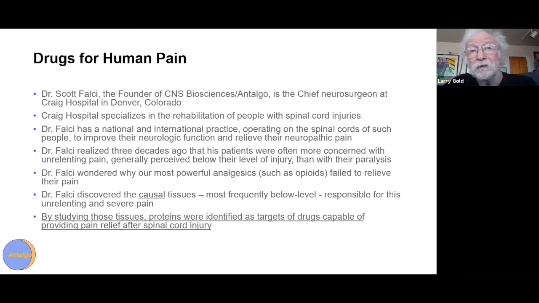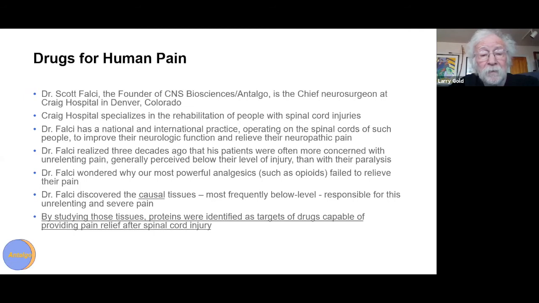The injury was a spinal cord injury, and most of the people who experience pain are experiencing intense pain below the level of the injury. And Scott, who studied this and started doing operations and figuring out what I'm going to show you in the next slide or two, found the tissue that was the source of the unrelenting, as it says, and severe pain.